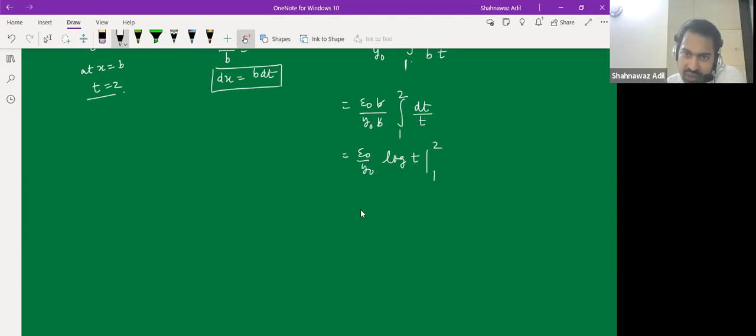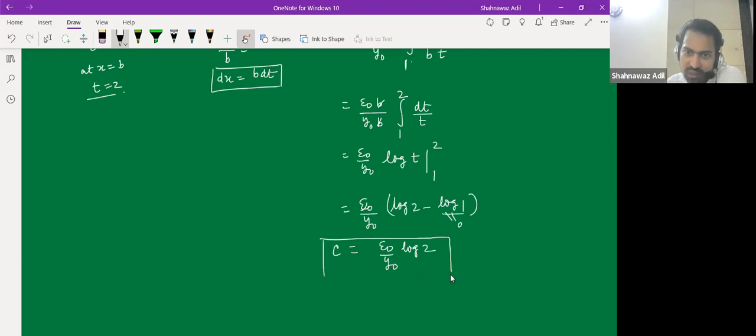So this is epsilon naught y naught, and then this is log of 2 minus log of 1. Log of 1 is 0, so this becomes epsilon naught y naught log of 2. Did I do any mistake?